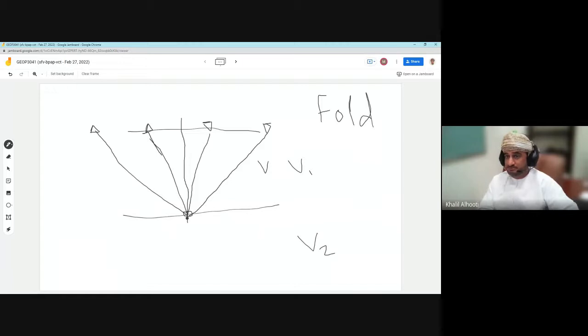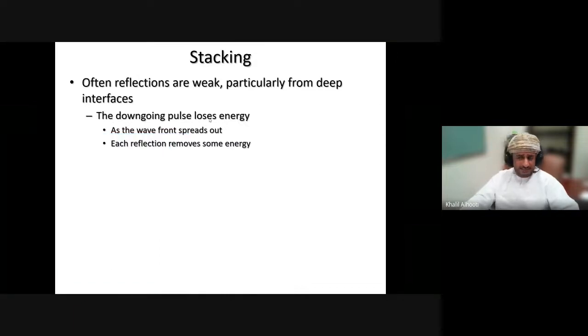It depends on something we call the Fresnel zone. However, the topic of Fresnel zone will not be explained, at least in this course. The students who will be taking the Applied 1 course will study Fresnel zone in more detail. So that's in general what we call stacking.